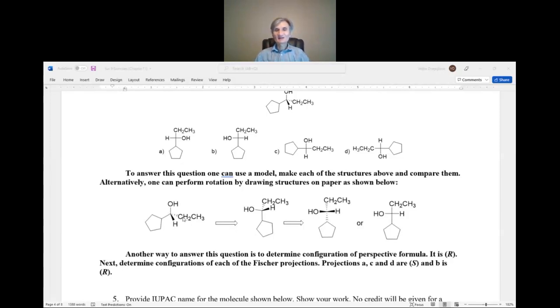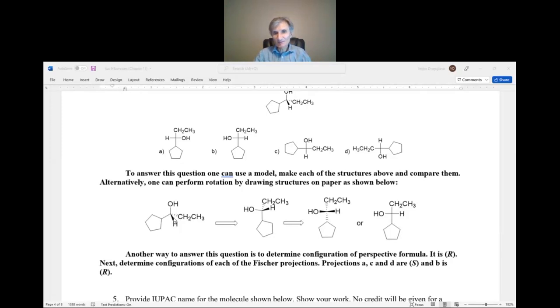In Fischer projection, chirality center is the only atom that is in the plane of the drawing. Two substituents project towards the viewer, those are horizontal ones, and two away from the viewer. So this is how we do the transformation.